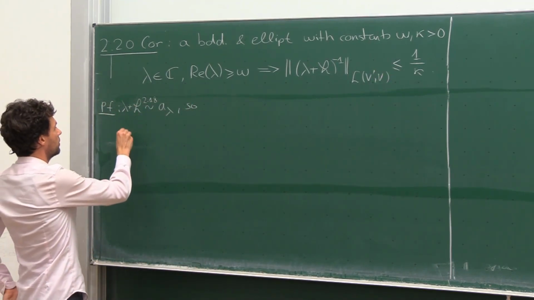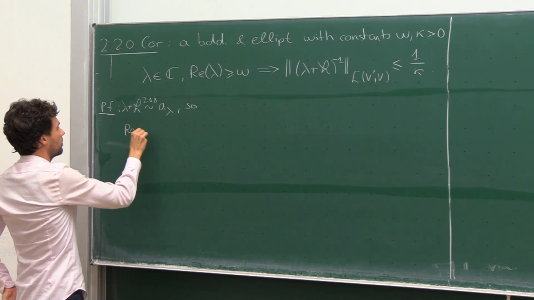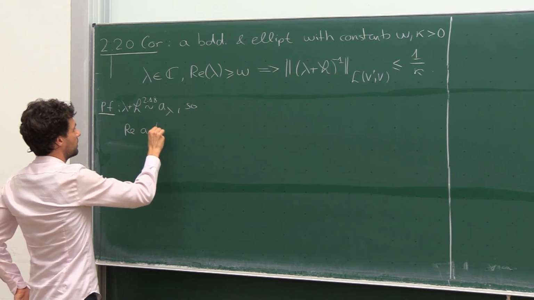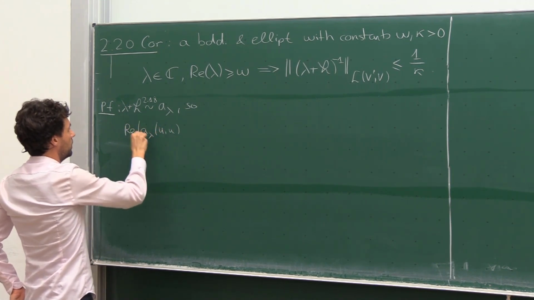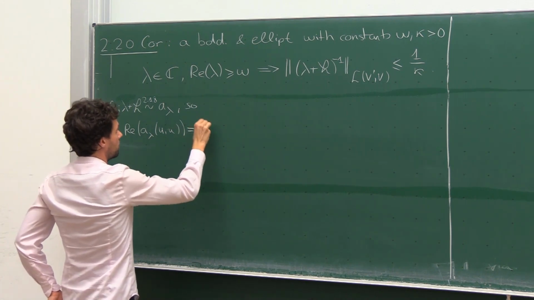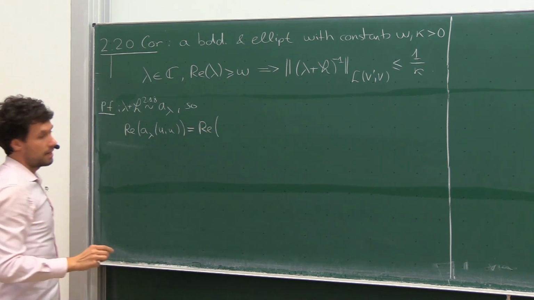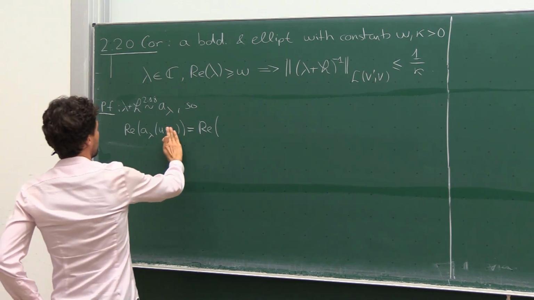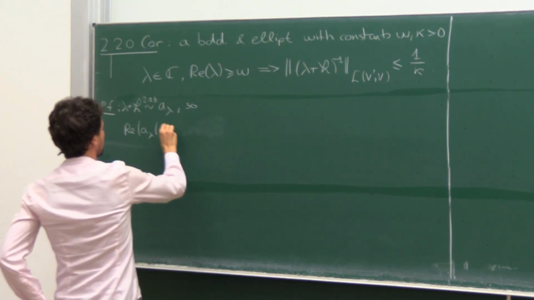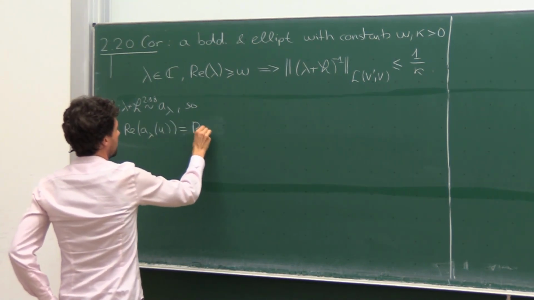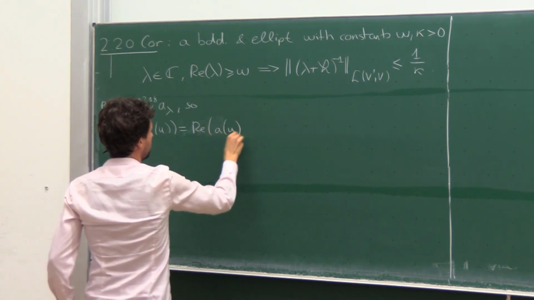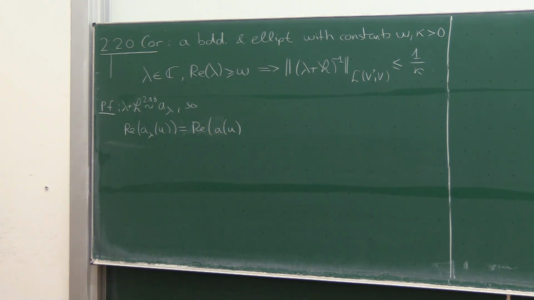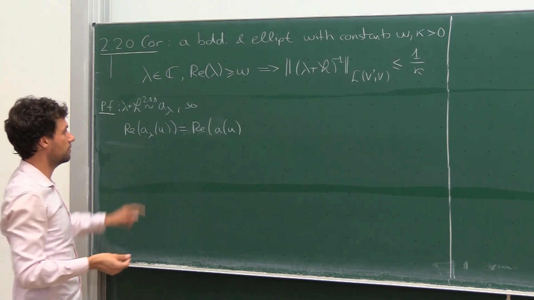Okay? So in order to do that, let's compute the real part of A lambda of u comma u to check for coercivity. And now if I want to compute that, there's a first part. I'm using the single notation here. So there's a first part, which is just the quadratic form coming from u, and then there's a certain amount of H norm squared added to it.